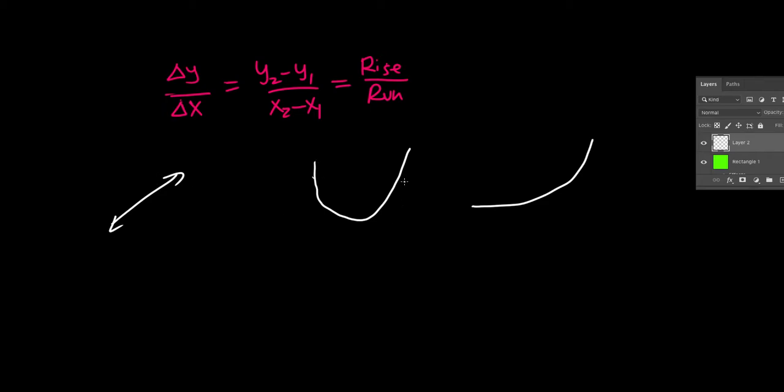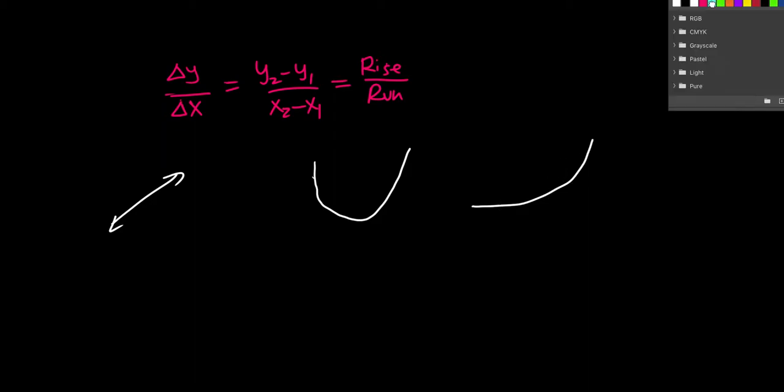Now if we have a function like a parabola or an exponential function, we can see that the slope changes. And so if I were to pick 2 points here and here and then draw a line, that slope is going to be different than if I draw points here and here and connect that line.